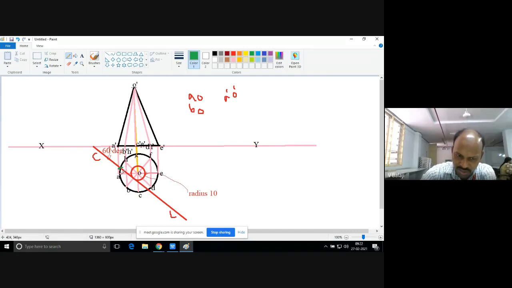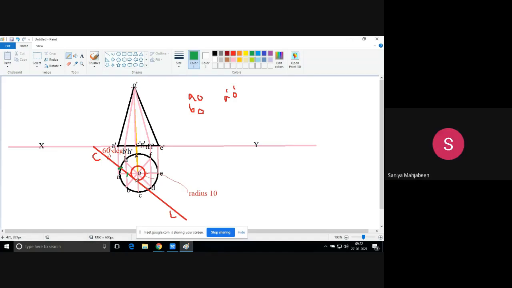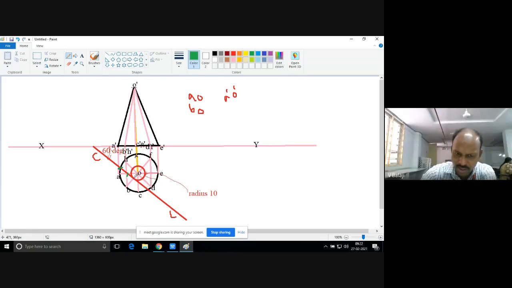Next, go to the next point. Can you guess where it is cutting? AO. So AO is cut by the cutting plane at this point. What is the next point? BO. Very good. You need to see the CL line and the BO generator.